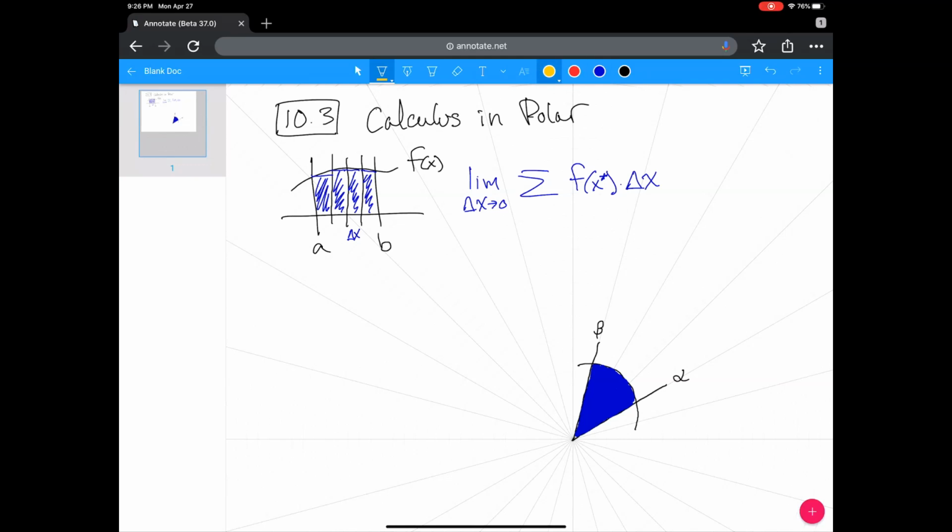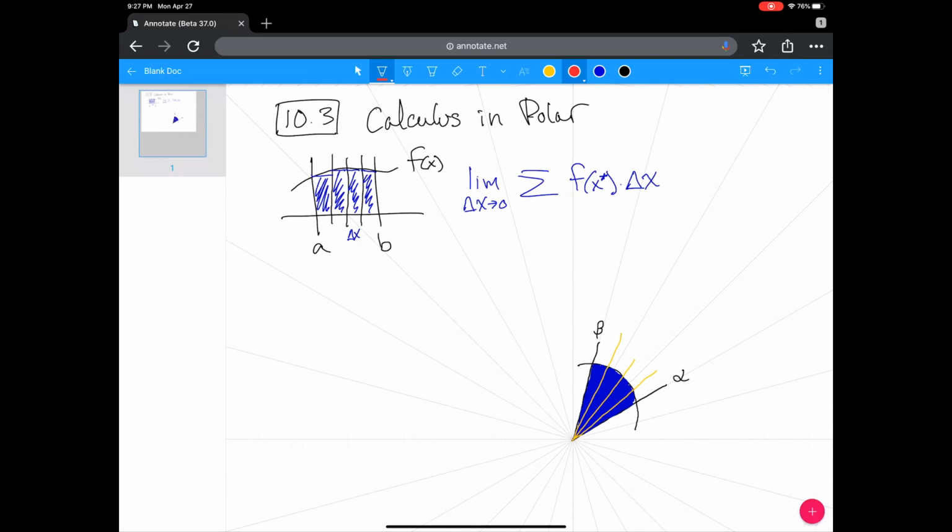So if I subdivide the change in the angle from alpha to beta, it looks like this. Then within each of those little subdivisions I choose a particular r value and fix it for the subdivision, maybe the upper value, like in this first subdivision.